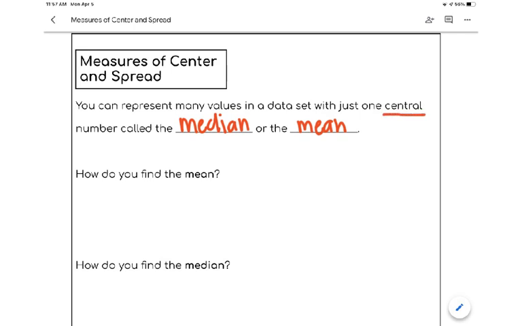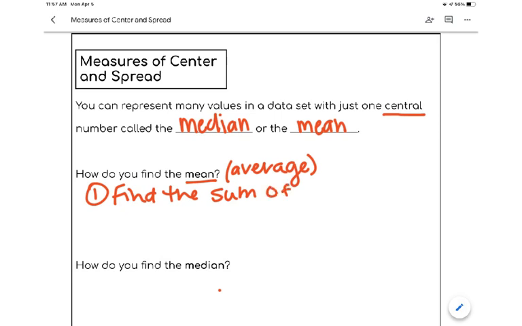Okay. Center. So how do you find the mean? Well, again, going back to these are all things that you have previously learned, but the mean is finding the average. Well, how do you find the average? So our first step is going to be to find the sum of all of your values or numbers, okay?